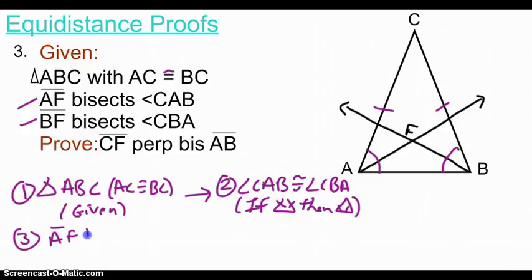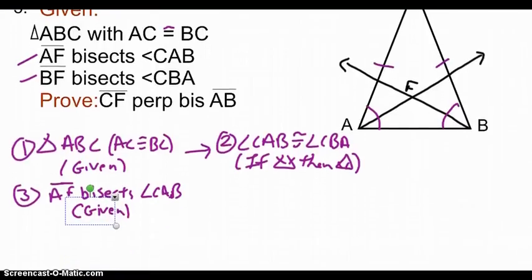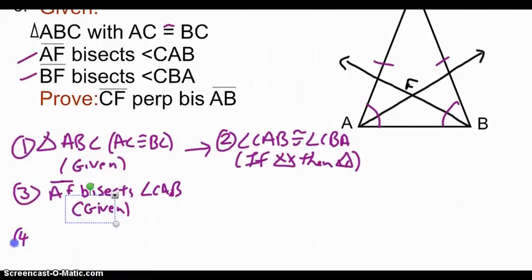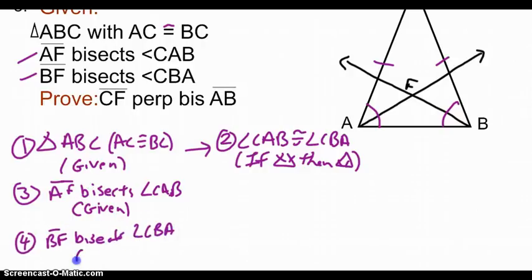AF bisects angle CAB, and BF bisects angle CBA, also given.